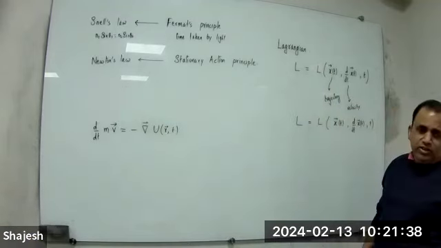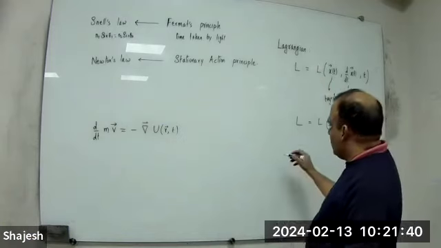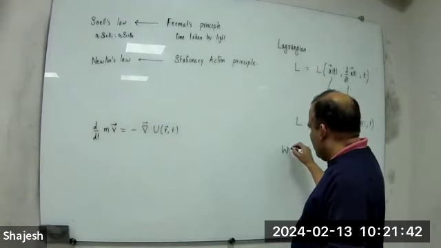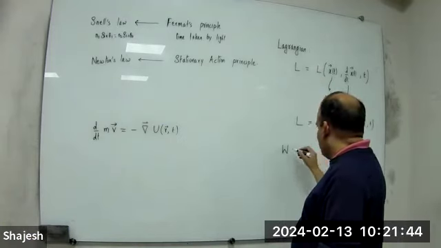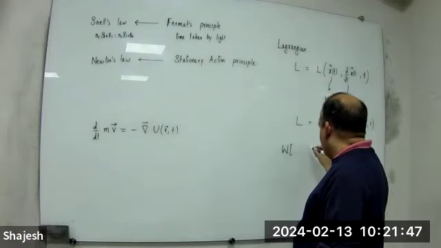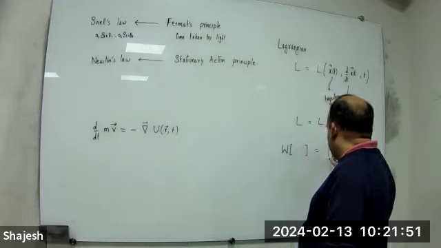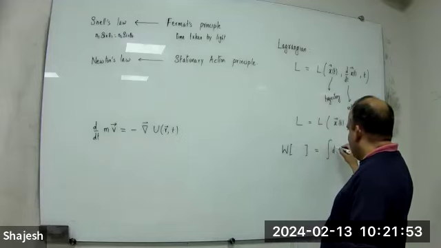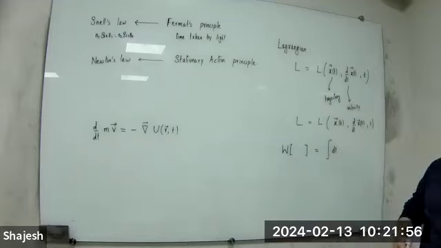So we have the Lagrangian, and we define an action, which is a functional now, that depends on an integral along the time of evolution.